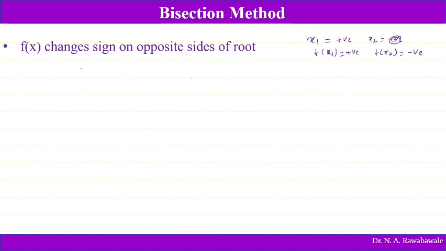X1 is some value, a real value, and x2 is also a real value. If we substitute in the function, once it yields positive and once it yields negative, that indicates the root of equation lies between x1 and x2. So answer of this is between x1 and x2.